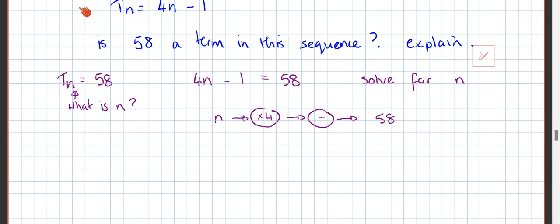So to work out what n must be, we're going to do the inverse, it's called. We would start with 58 and add the 1 back on and figure out what it would have been. So 58 plus 1 would have been 59. And then we try and divide that by 4.